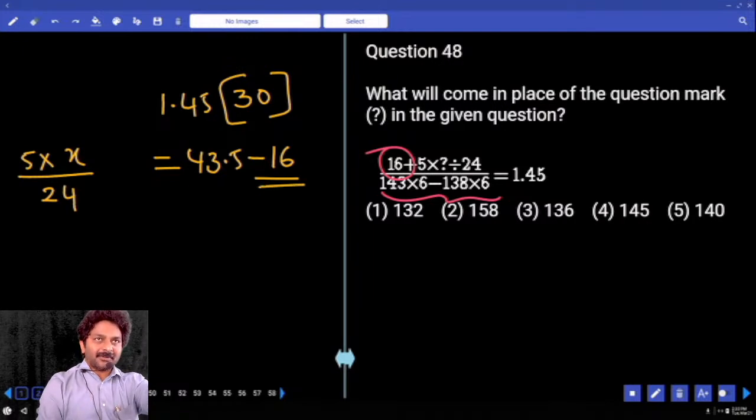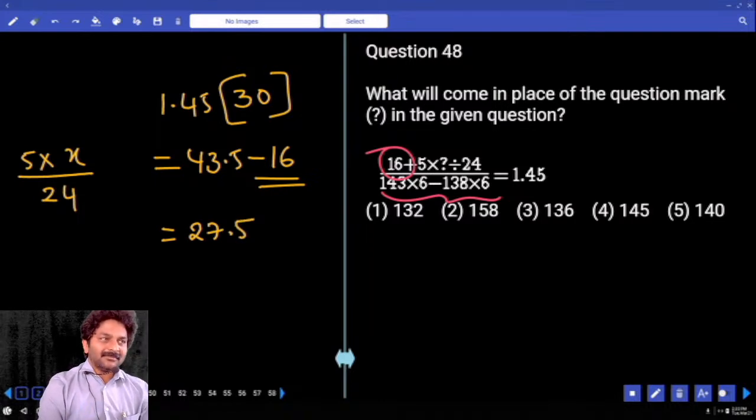Subtract 20, add 4. Subtract 20, 23.5, add 4, 27.5. ఇది రాసేటప్పుడే నాకు అనిపించింది అది 11 multiple. నేను రాసిన నెంబర్ 11 multiple. ఎస్. Left hand side 5 by 24 comes to the other side. That becomes 24 by 5. డినామినేటర్లో 11 multiple లేదు.